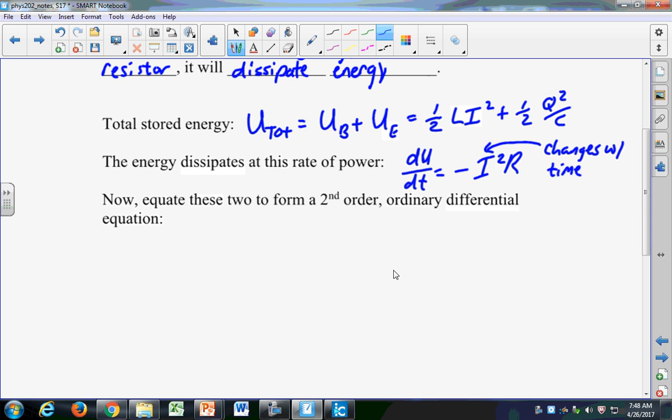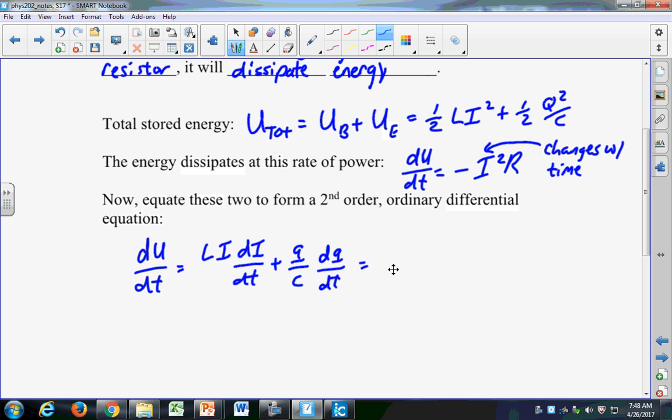So I get dU/dt is going to equal L i di/dt plus q over C dq/dt.